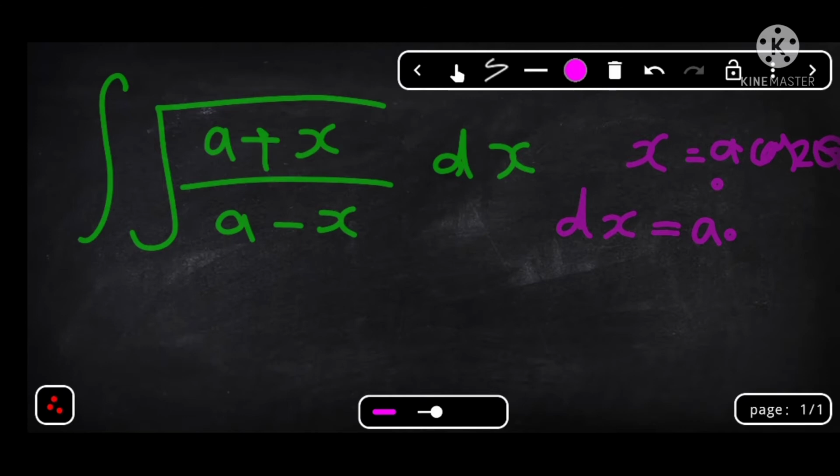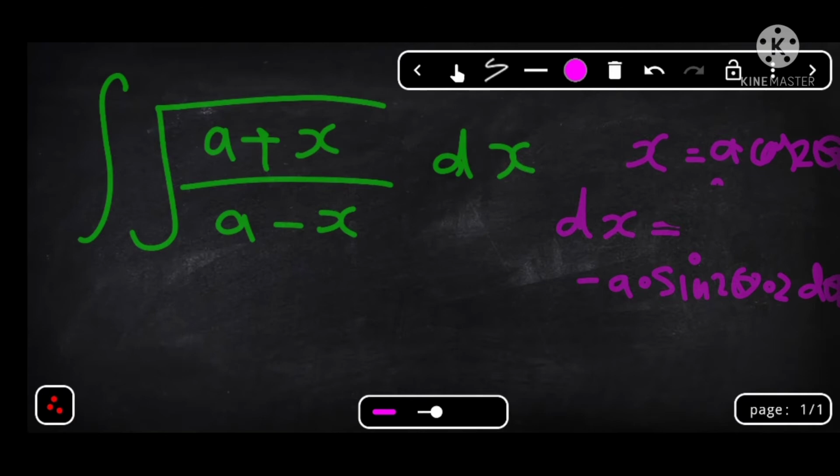That is minus sine 2 theta, and differentiating 2 theta, it will be into 2. So dx is minus a into sine 2 theta into 2 d theta.